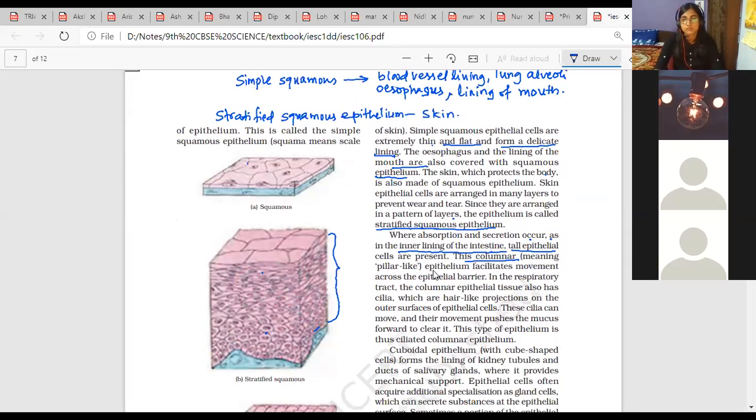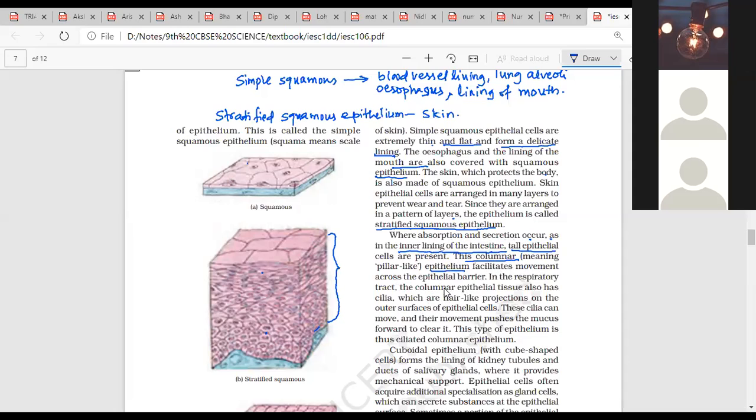These facilitate movement across the epithelial barrier, so the chemicals, absorption and secretion of some chemicals, can pass through the epithelium. That epithelium is a columnar epithelium. Where are the columnar present? Small intestine.